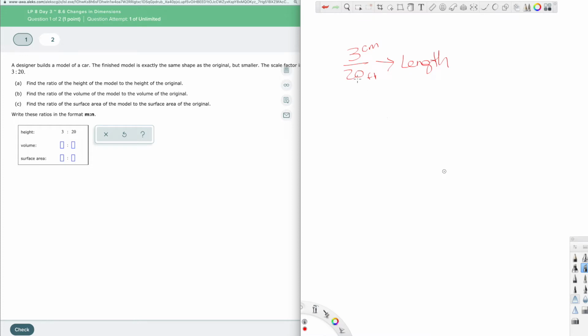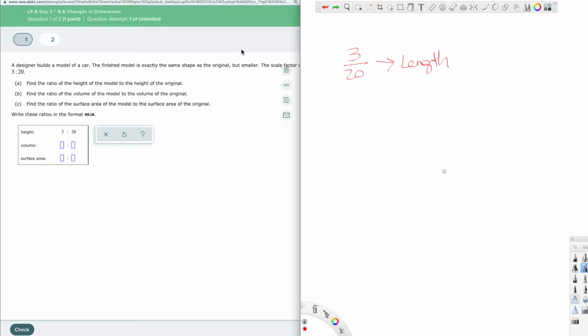Since it's a car, I was going with a little bit longer, although 20 feet is very long, so I'm not sure we would do that. We could say every 3 inches on the model is 20 inches in real life, or something like that. It's just something to convert it. So I can make this model smaller, but I still have the side lengths. I can still convert it back and forth.